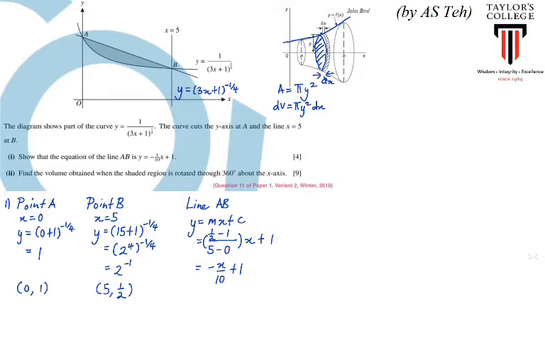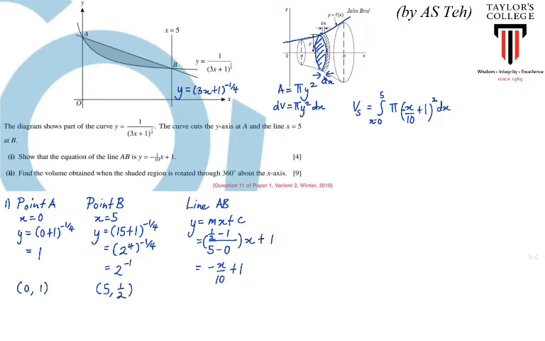So the volume of the shaded region, Vs, will be equal to the integral from x equals 0 to 5 of pi times, for the line function, (negative x over 10 plus 1) squared, since that is the y value and you need to square it, delta x.